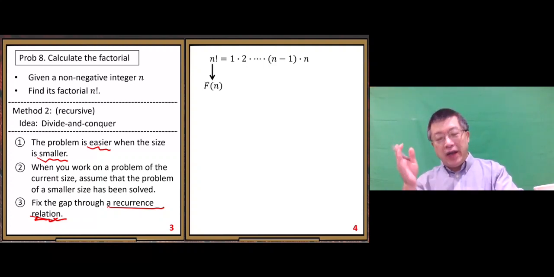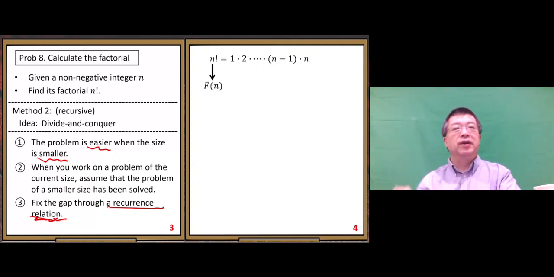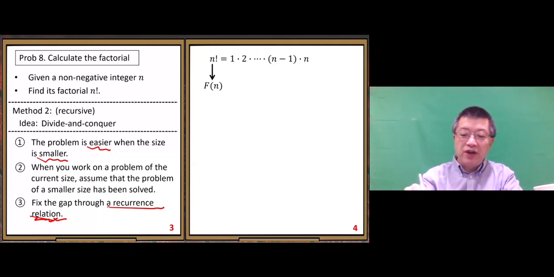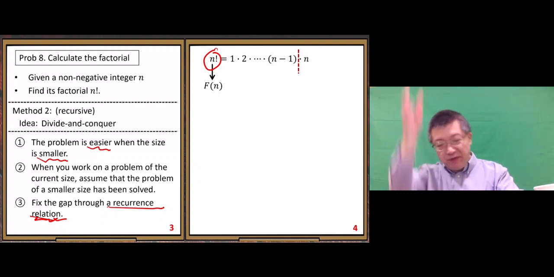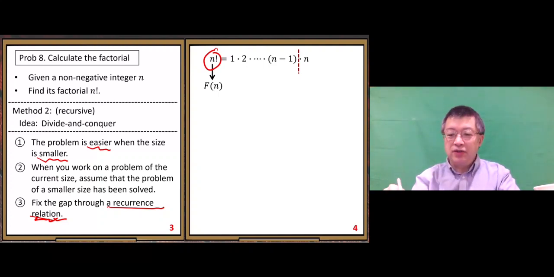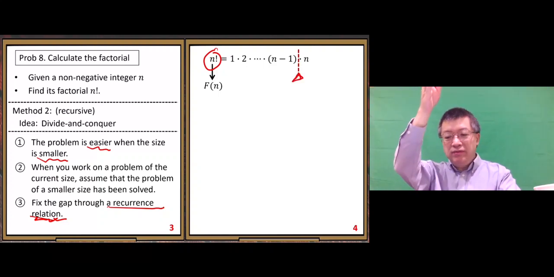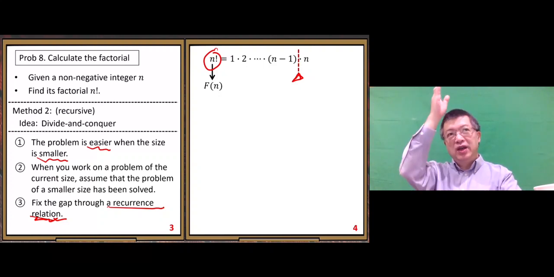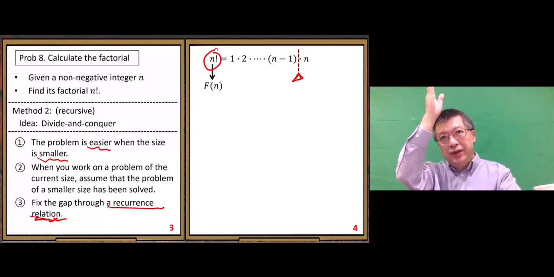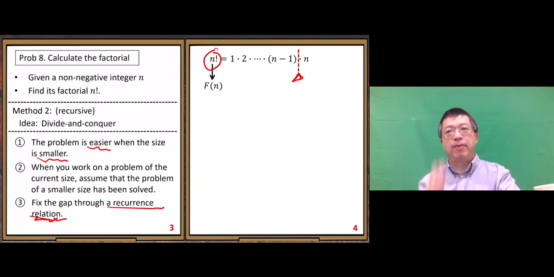Let us use factorial as an example. The original function, we use f of n. Then we do the divide. So here, draw this line. We cut this problem one slice at a time. The first time we chop the last number off. So we reduce the problem size.